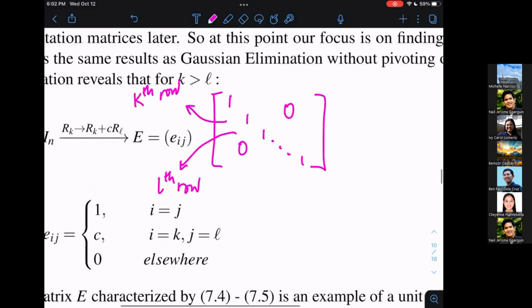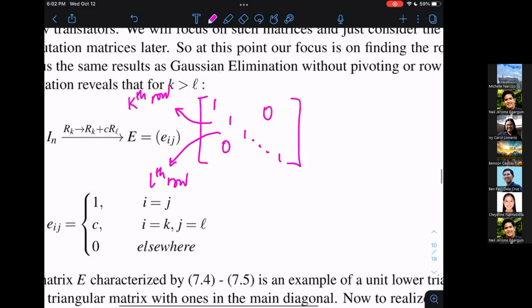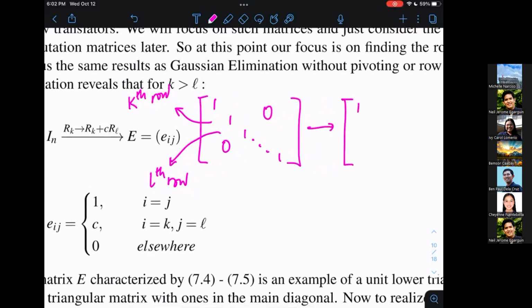Okay. Pag pinerform ko itong elementary row operation na to, ano yung mga mangyayari? Hindi mababago yung mga nasa diagonal. Puro 1 pa rin yan. Okay. Kasi mangyayari lang, si lth row mamumultiply ng c, pero ito ay 0. So 0 times c ay 0 plus 1. So 1 pa rin yung nandoon sa kth row.